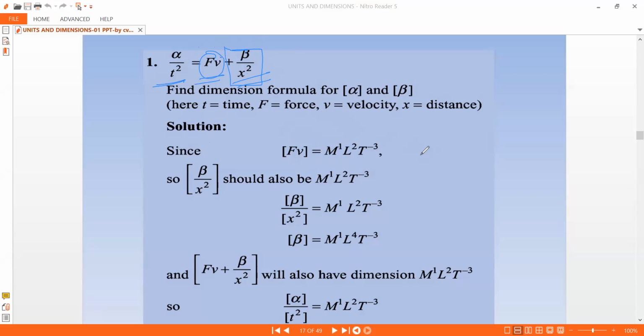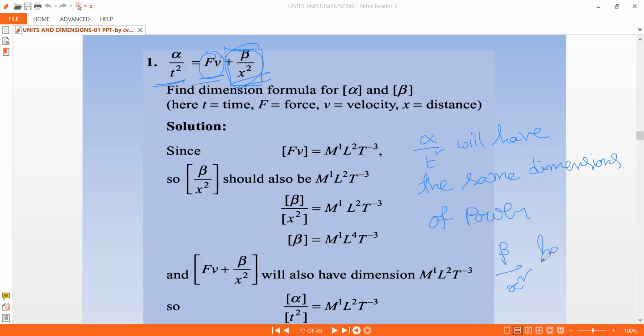So alpha by t square has the same dimensions of power, and beta by x square also has the same dimensions of power.